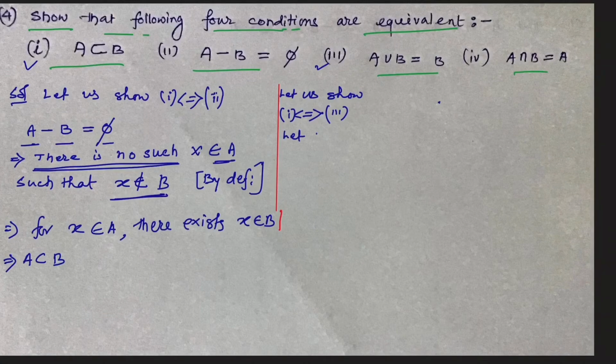Let x belongs to A. If x belongs to A, x must belong to A union B, because A union B contains all the elements in sets A and B. So if x belongs to A, then x must belong to A union B.